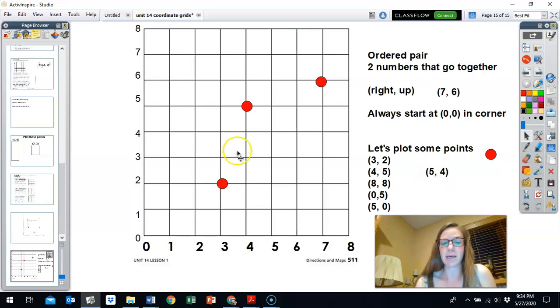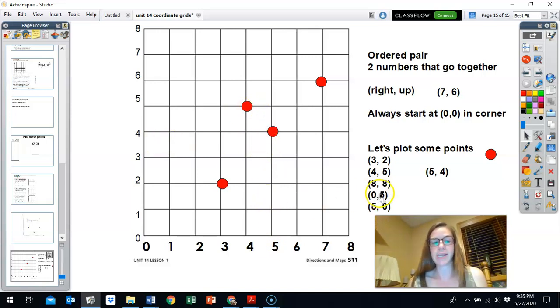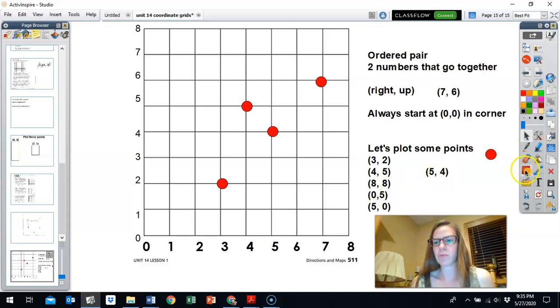Yes, it's still on the 5 and the 4, but it would be different if it was 5 first, because it would go over 5 spaces and up 4. See how they have different positions on our graph. So our next one is 8, 8. Oh, that is the same, so it should be pretty easy. I go over 8, all the way to the 8, and I go all the way up to the 8. So as long as we're always going right and then up, we shouldn't have a problem.